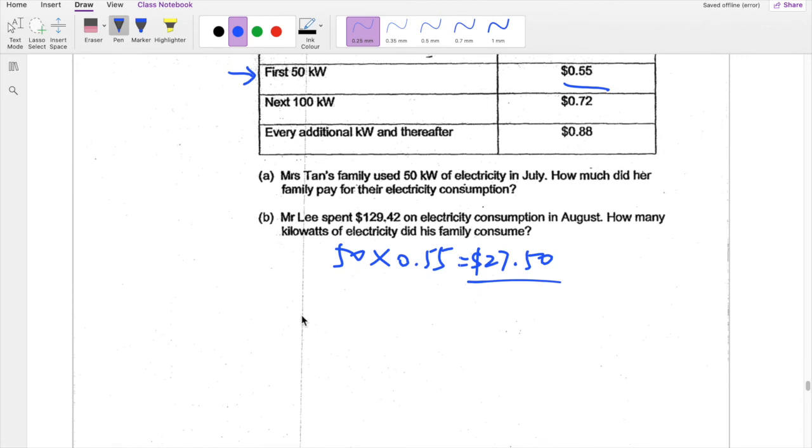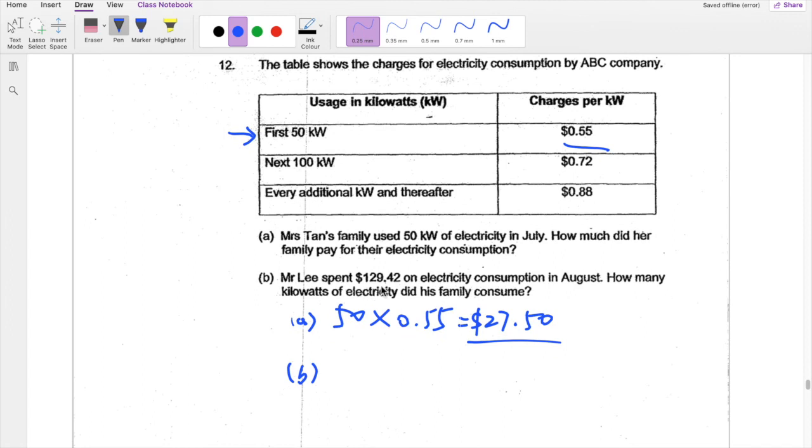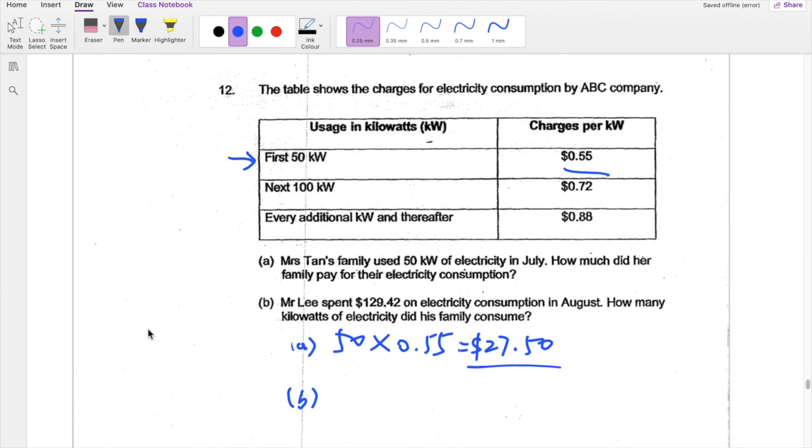So for the second part, it says Miss Lee spent this amount on consumption in August. How many kilowatts did her family consume? Well, we see that this number is quite big, right? If only the first 50 kilowatts, they would need to pay 27.50.